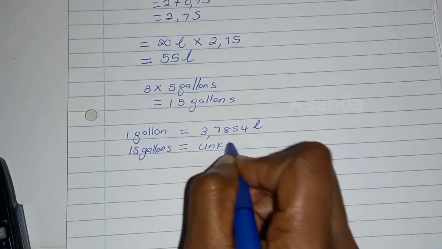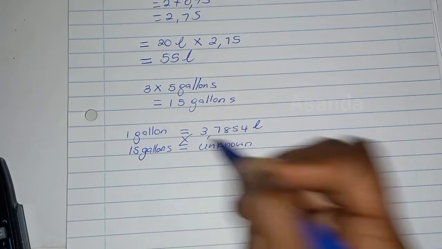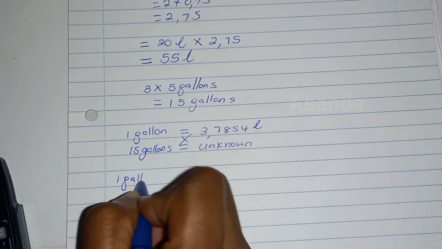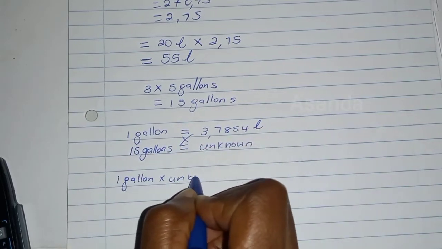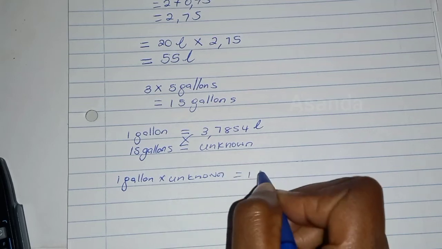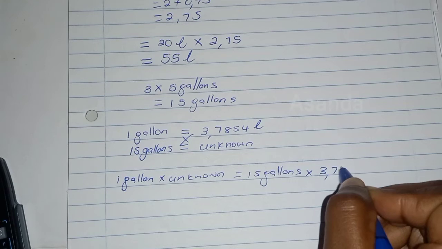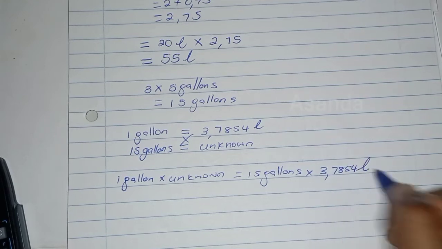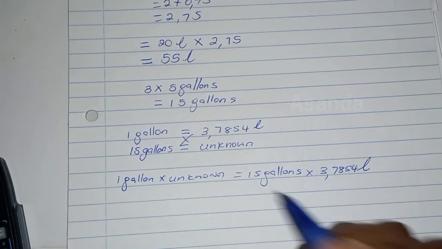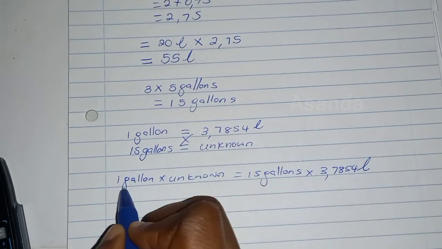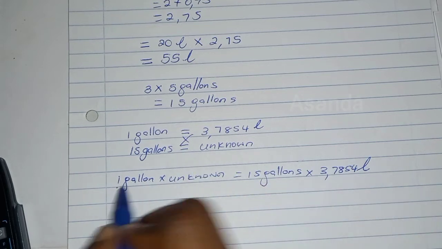Then I have 15 gallons, and I don't know how many liters. That's what I want to find out. So 1 gallon multiplied by unknown is equal to 15 gallons multiplied by 3.7854 liters, right?